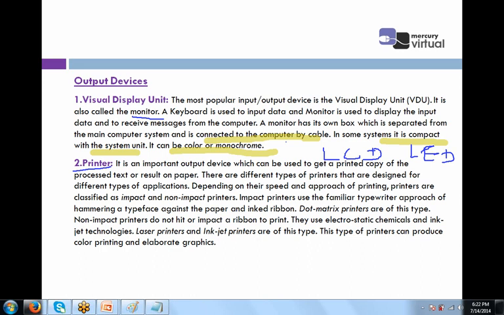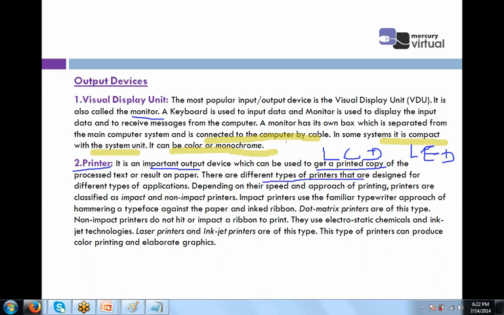In simple terms, it converts soft copy into hard copy. It is an important output device. Now I can read line by line. It is an important output device which can be used to get a printed copy of the processed text or result on paper.